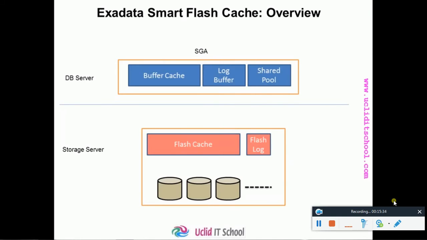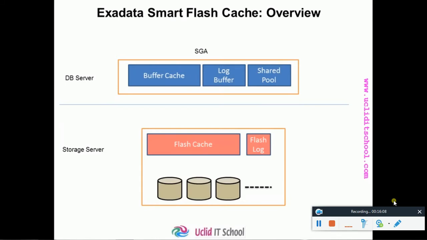Again, the storage server uses an LRU algorithm. The least recently used blocks will be flushed to disk. Till that time, the block will be present in flash cache. Okay, so chances are that a block may reside in flash cache for months together, years together. Till such time the physical I/O for that block is never required.